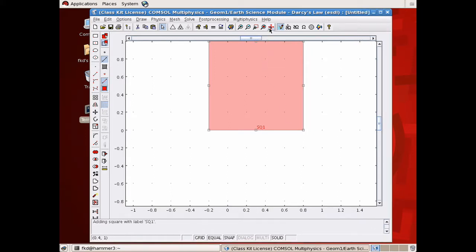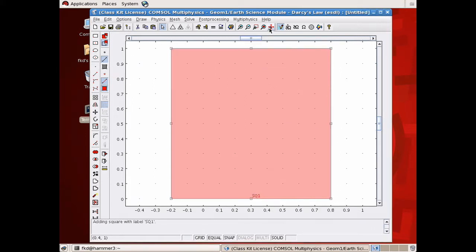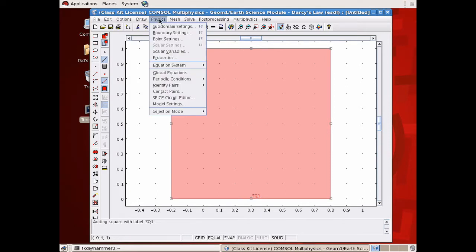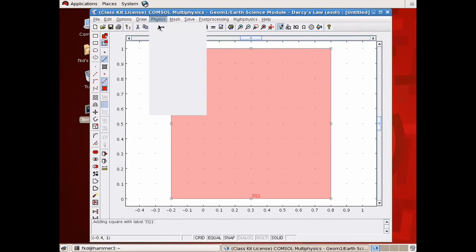Okay, this puts it in the middle, I think. I'm just going to try and shrink it so it's more one-dimensional, but it doesn't matter. We can make it one-dimensional by our boundary conditions. All right, so we have subdomain settings and boundary settings. That's what we need to define.